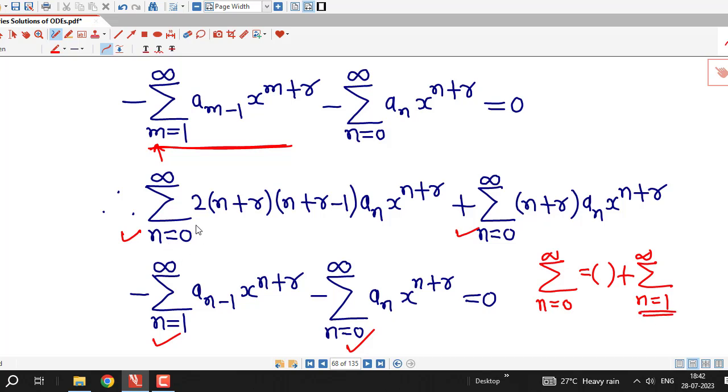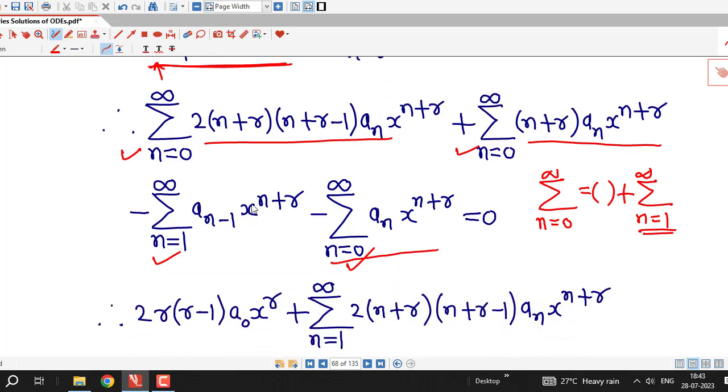So here I will write down the term corresponding to n equal to 0 plus this summation from n equal to 1 to infinity. Similarly here also I will write down the term corresponding to n equal to 0 plus sigma this quantity from n equal to 1 to infinity, and the same thing here. That work I have done in the next step.